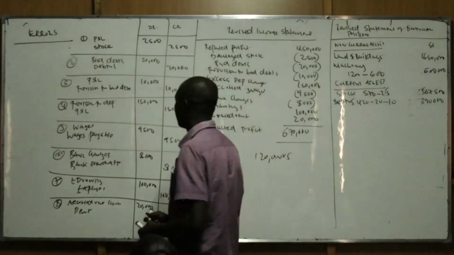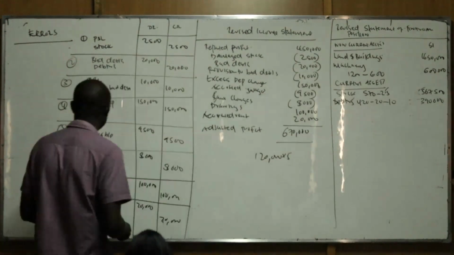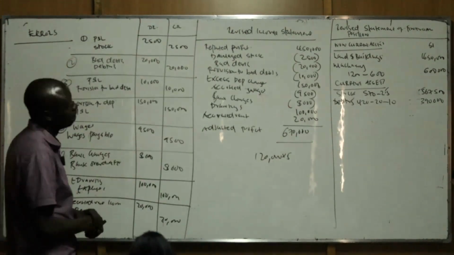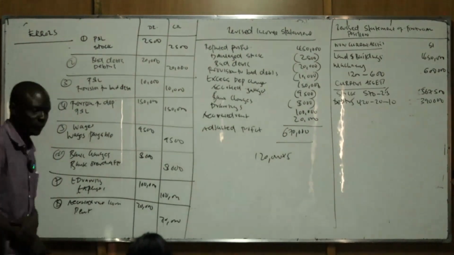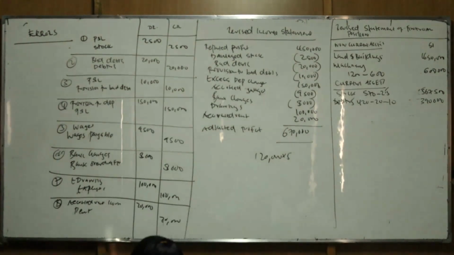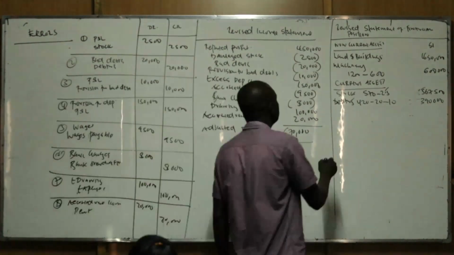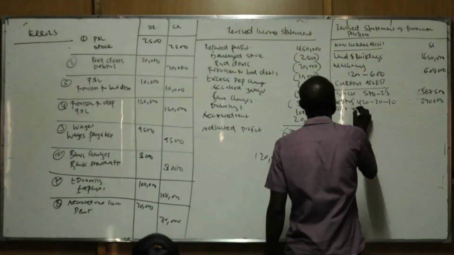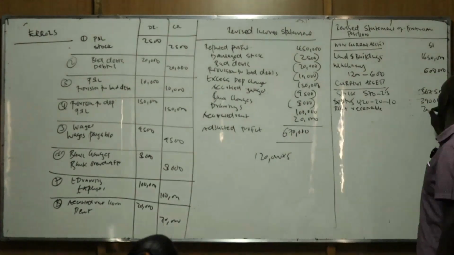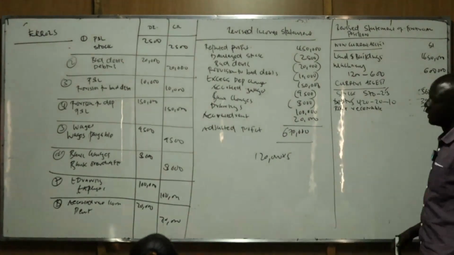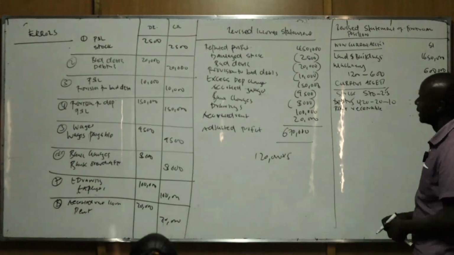What else do you have in that particular statement of financial position as an asset? Current assets? Rent receivable. So we have rent receivable of how much? 20,000, isn't it? So I think we have exhausted them. How much does that come to?